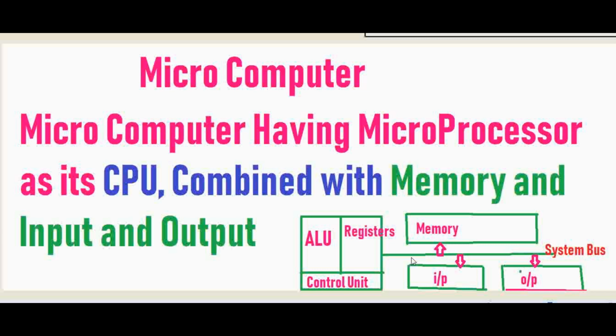The program is stored in the memory, and this program will be loaded through the system bus into the processor for execution of those instructions. So instructions are going to execute on the processor, which is a part of the CPU, and the result is stored in memory, as well as generated at the output devices.